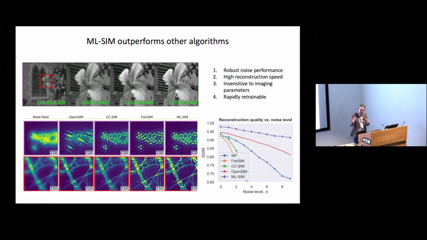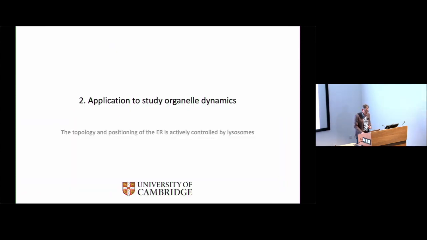The algorithm is then optimized for your system, and you reconstruct whatever you feed it from your microscope, and the reconstruction is incredibly quick. Reconstructing images with this takes a few milliseconds on a graphics computer. And then you can do almost real-time imaging with this.